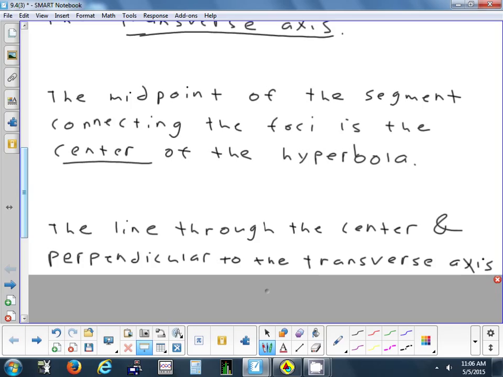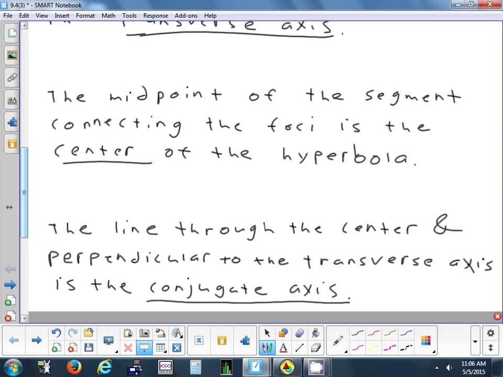Well, that's the name we use when we have an ellipse. When you have a hyperbola, they call it the conjugate axis. So a line through the center, perpendicular to the transverse axis, is the conjugate axis.